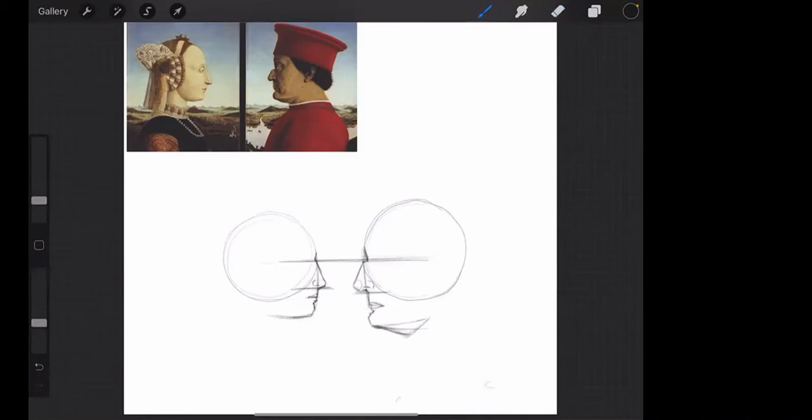And the iris meets the end of mouth, the vertical guideline like that. And draw the round eyelid.